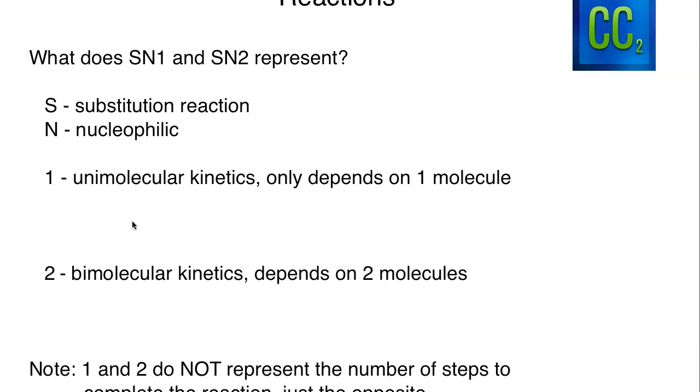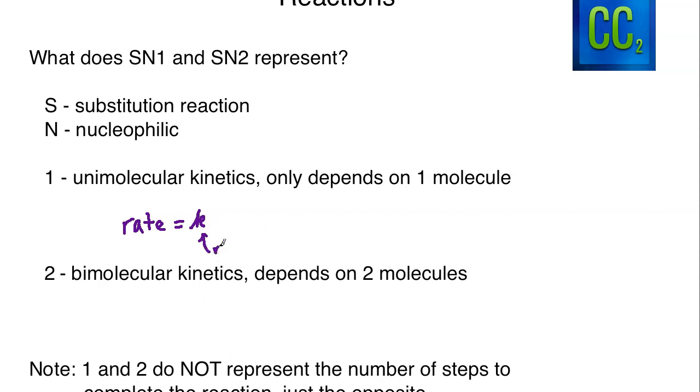And this means that the SN1 reaction is only going to be dependent on one molecule. And that molecule is going to be the leaving group. So when you get ready to look at the kinetics here, if you remember what this looks like, you can say that the rate of a reaction is going to be equal to k, the lowercase k, which is the rate constant.